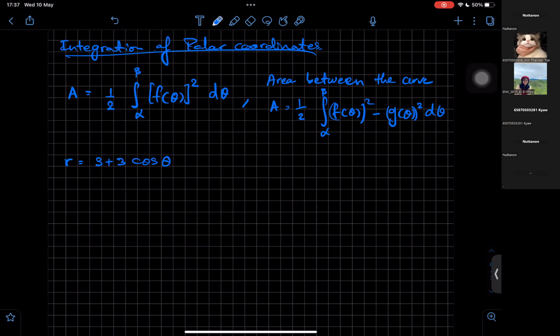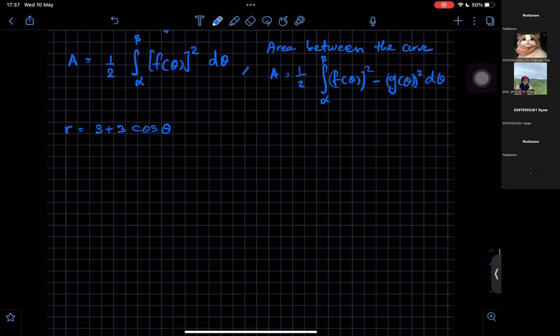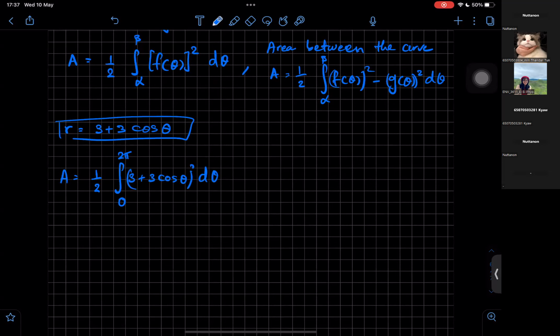So if I want to find the area of this one, then A equals 1/2 the integral from 0 to 2 pi of (3 plus 3 cos theta) squared d theta, like this.